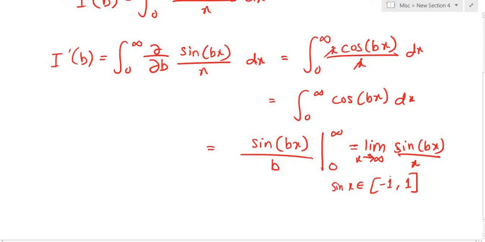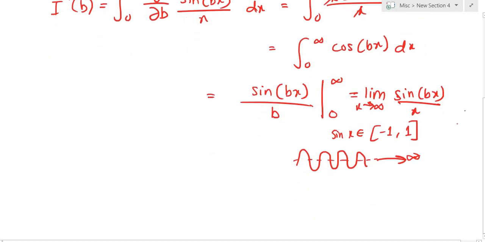We don't know exactly what value it will have because it's always oscillating up and down, and this goes on till infinity. So it has any value between -1 and 1, and we don't know exactly what value. So we can't even say that it's diverging to infinity like we would with x in the denominator. So truly speaking, this limit doesn't exist.